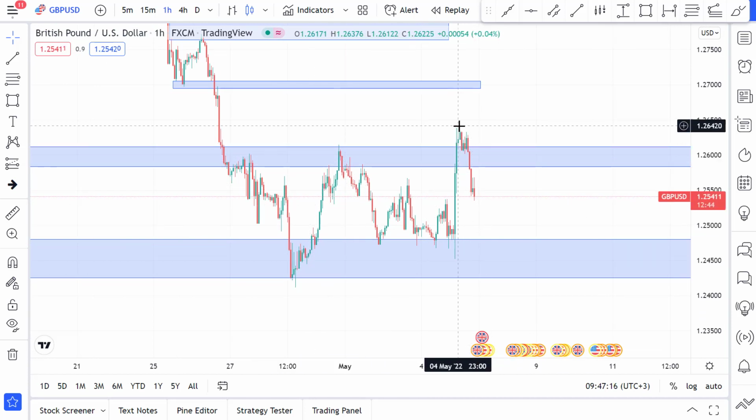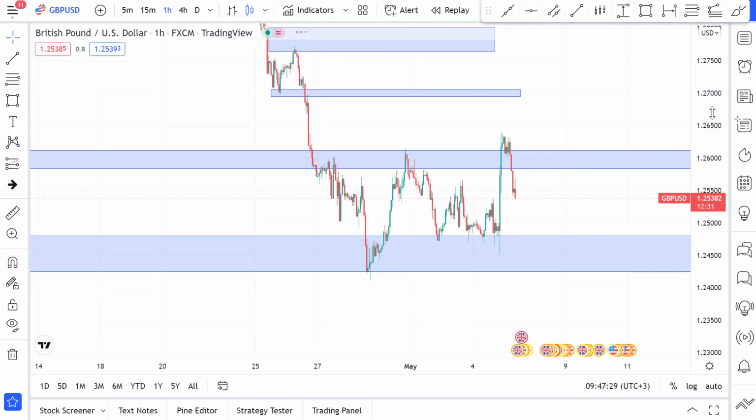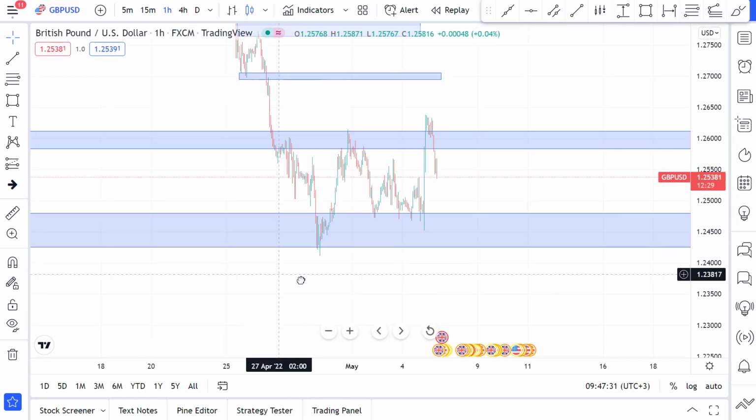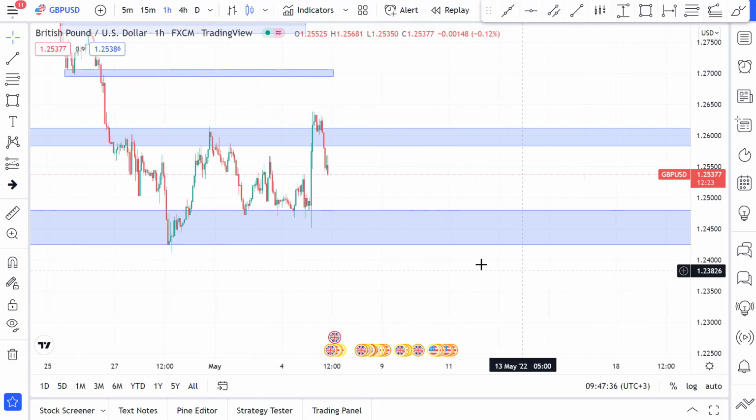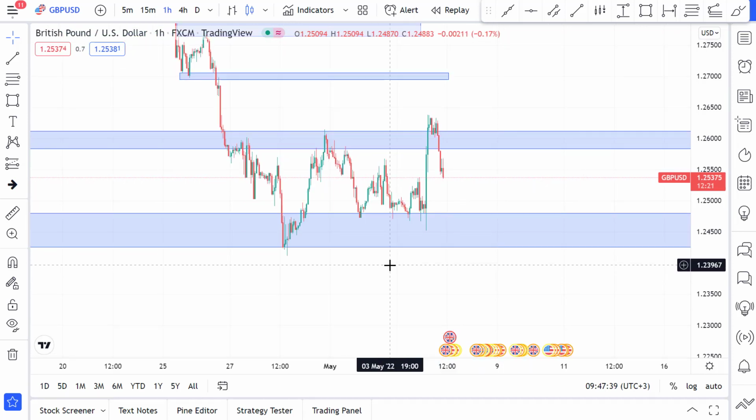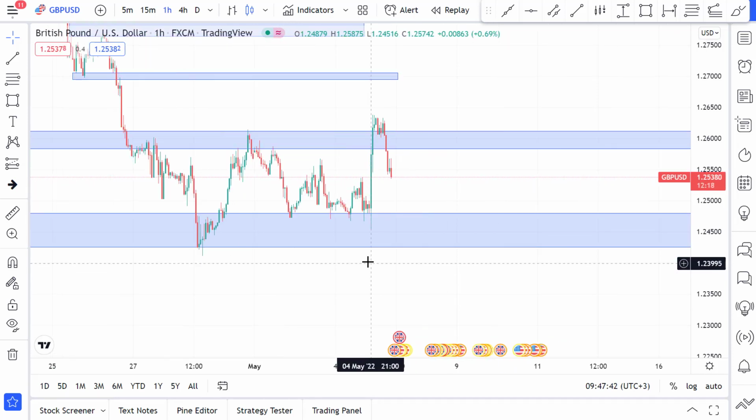Many people went for buy here, and their stop loss was activated right now, and I guess we might see this zone again. If we have any breakout, according to technical analysis and classic patterns, it could be from this side. We would see a stronger British pound if the Bank of England increases the rates.